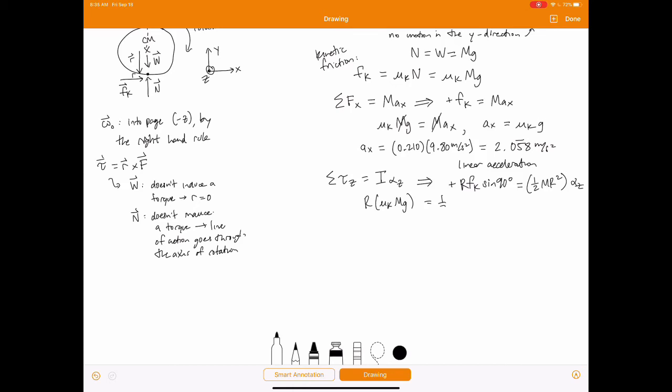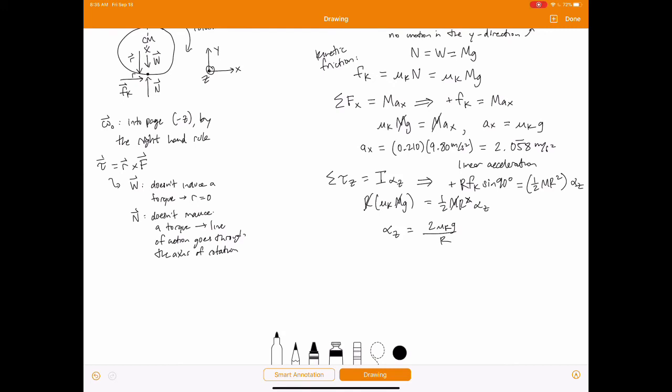That's going to equal 1/2 mr squared times alpha z. So we can cancel out the mass, we can cancel out one factor of r, and then we can solve for alpha z, which is equal to 2 times mu k times g divided by r.